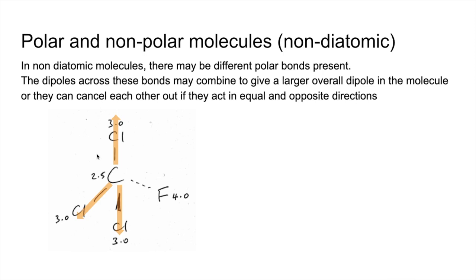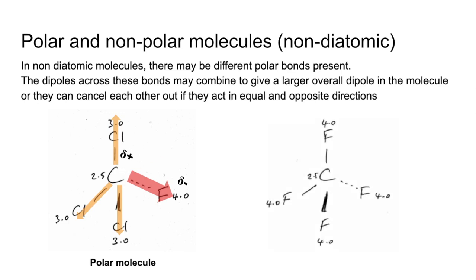The C-F dipole is going to be greater and it operates in this direction. You can see that there will be an overall dipole on this molecule because these dipoles can't cancel, so this is a polar molecule, and the dipole would be this way around, with the fluorine slightly more negative than this carbon here.